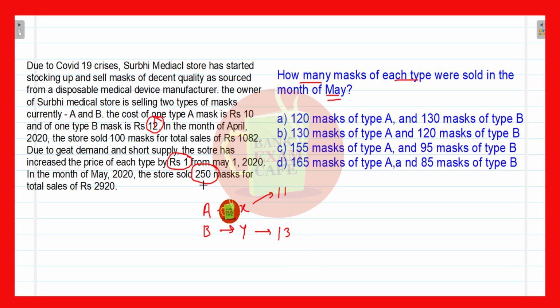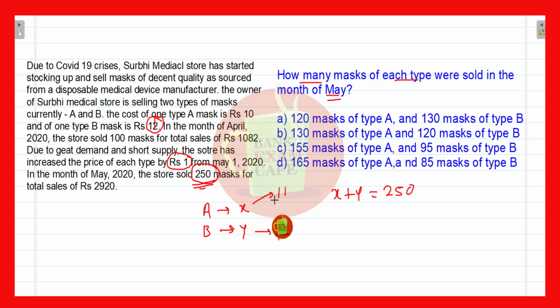The total masks sold were 250. So X plus Y is equal to 250, A type plus B type, the total masks are 250.